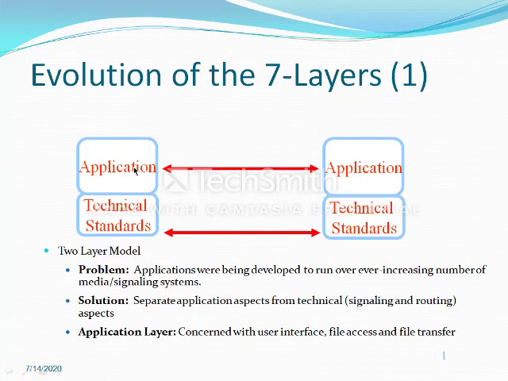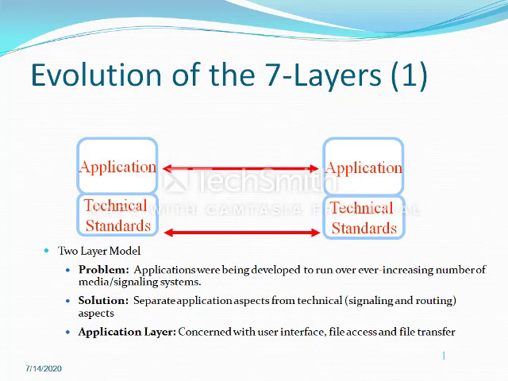See, that is single layer. Now it is two layers. Application layer, application technical standards. Problem: applications were being developed to run over an ever increasing number of media or signaling systems. Okay.